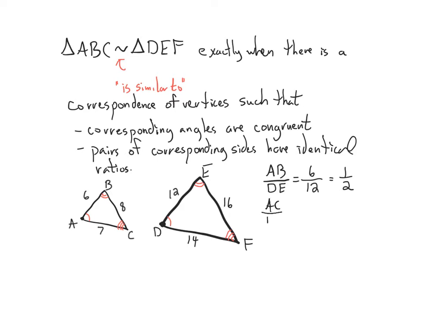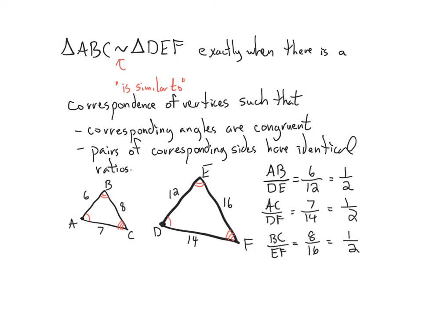AC over DF. Well, AC is 7, DF is 14, which is, of course, a half. And BC over EF is 8 over 16, which is a half.